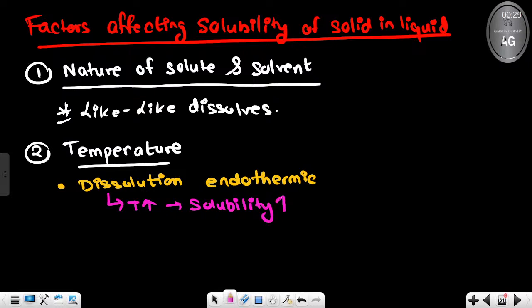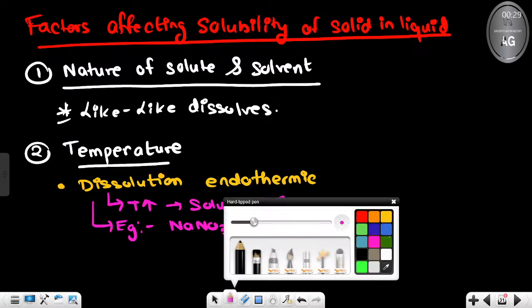Examples to remember are NaNO3 and NaOH, the curves we used to read in class 9. Did you understand this one?